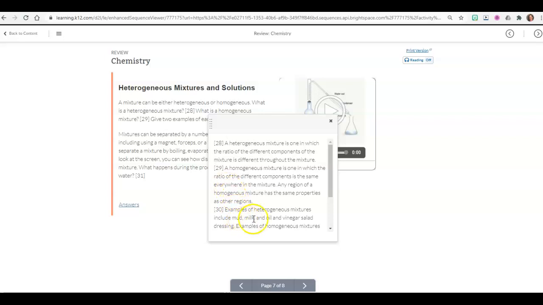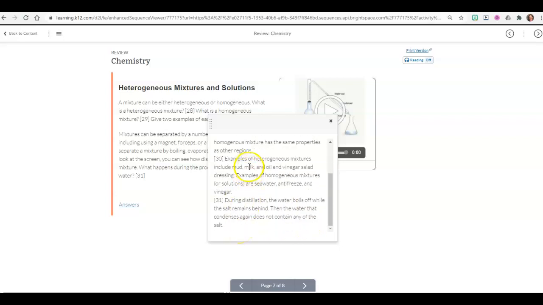Examples of heterogeneous mixtures include mud. This says milk and oil and vinegar salad dressing. It's interesting that they're calling milk heterogeneous. You don't really see the different parts. Examples of homogeneous mixtures are a sweater, antifreeze, and vinegar.